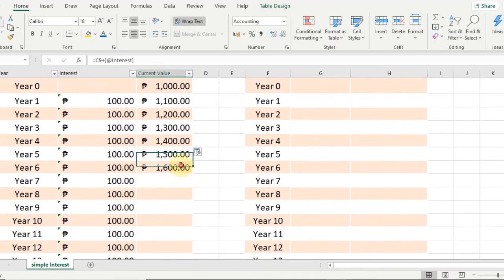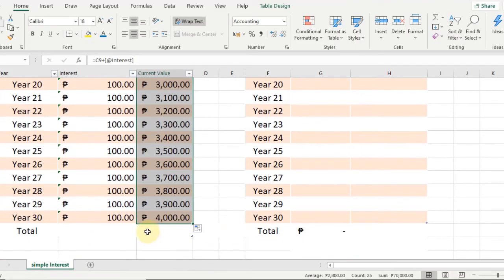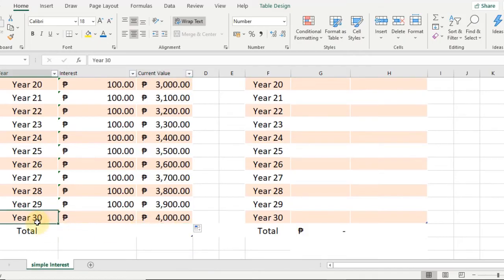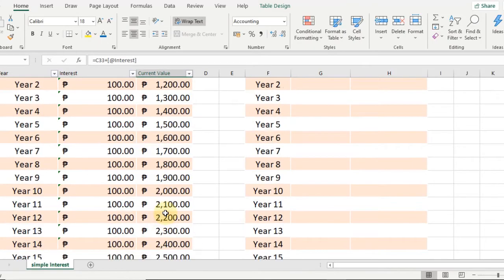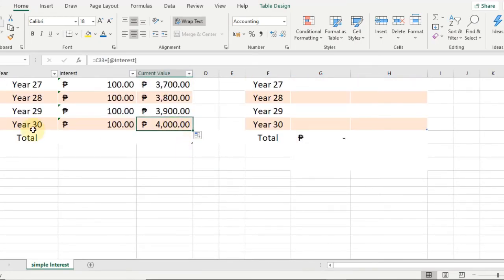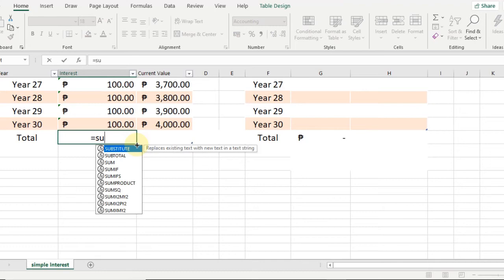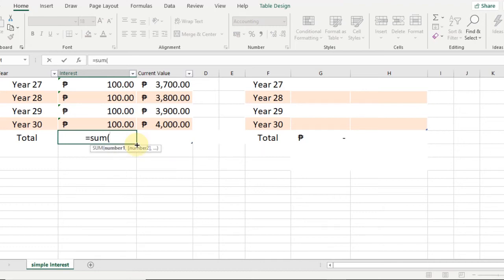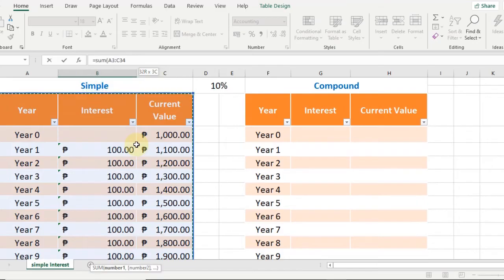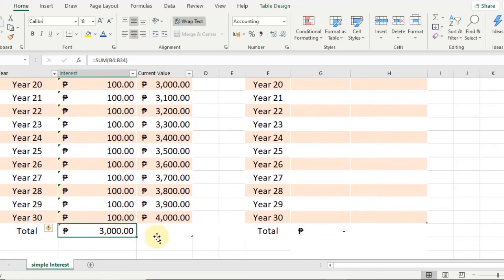So let's just drag. So meaning to say, after 30 years, take note that's 30 years, your 1,000 will become 4,000. And your total interest is, of course, just 30 times 100, so you know that you will get 3,000. Right? But just so that you can see it, there. Your total interest is 3,000.